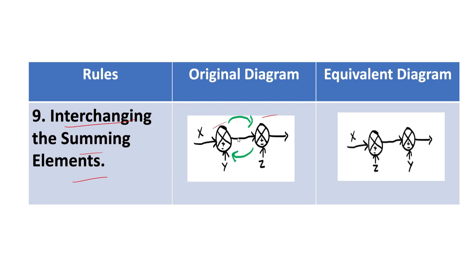So now the output here would be X plus minus Y, and the output here would be X plus minus Y plus minus Z. And in this diagram, here the output will be X plus minus Z, and here it would be X plus minus Z plus minus Y, which is also equal to X plus minus Y plus minus Z. So you can see that there is no difference in changing the summing elements if they are together like this, if nothing is in between them.